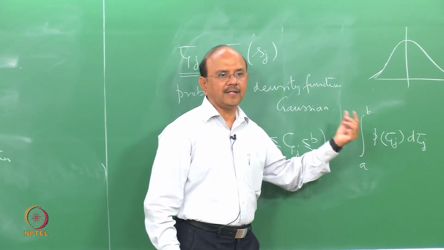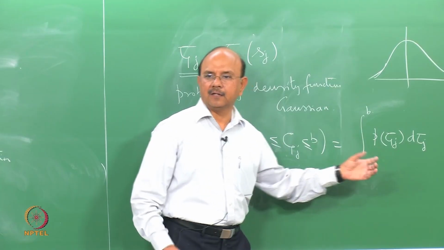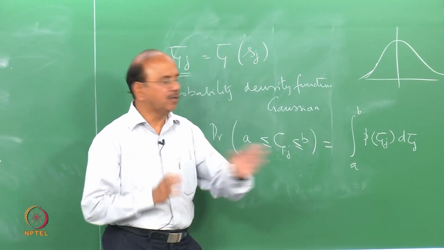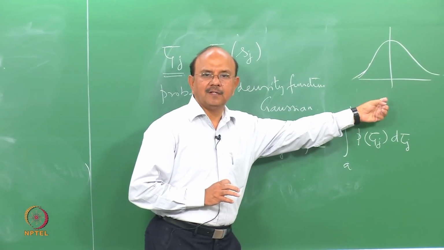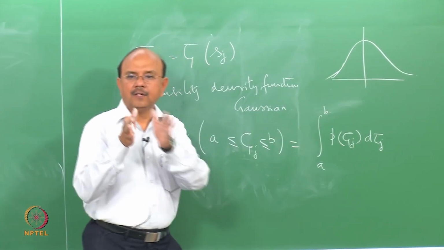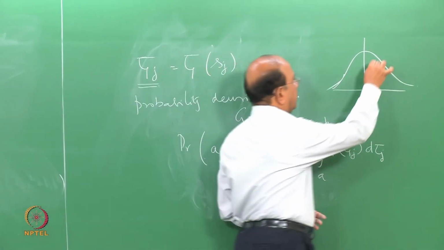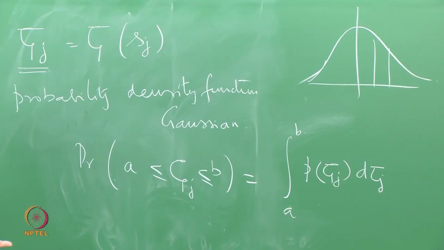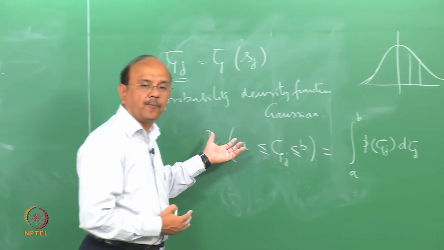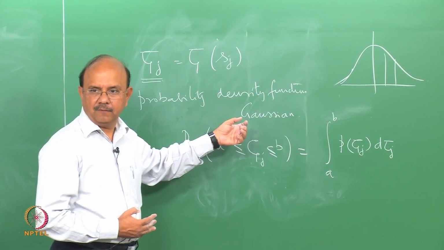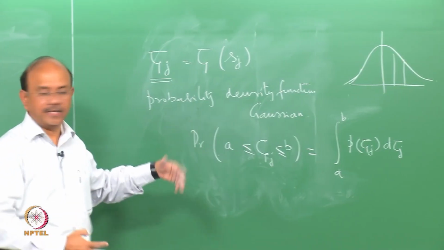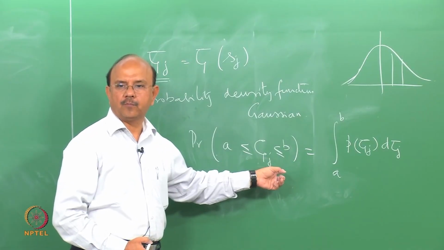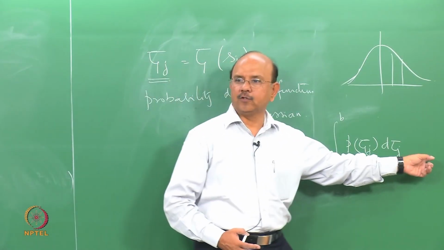So the probability is nothing but the area under the curve from A to B. The probability density function gives you the probability versus zeta j, and you take the area between A and B to get the probability. If I integrate from minus infinity to plus infinity, I get the total probability equal to 1.